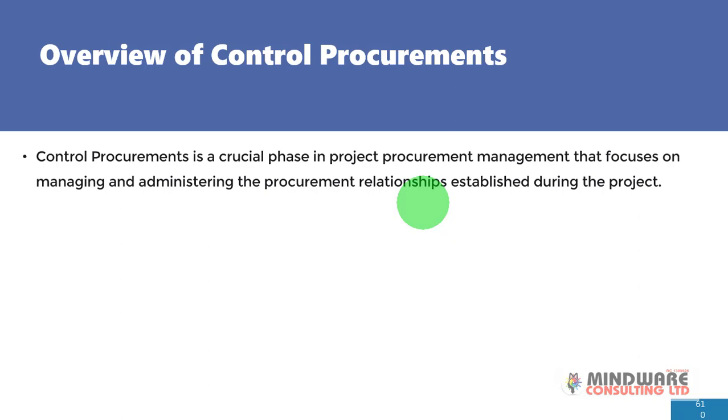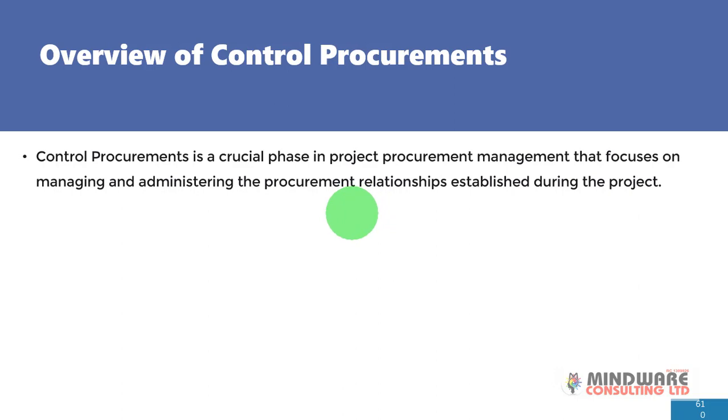When we talk about procurement relationship, we're talking about the relationship between the project team, headed by the project manager, and the stakeholder involved in the procurement process. You can call him the contractor or the seller.